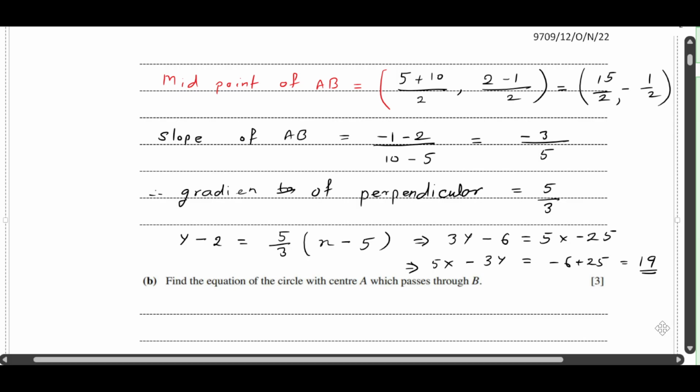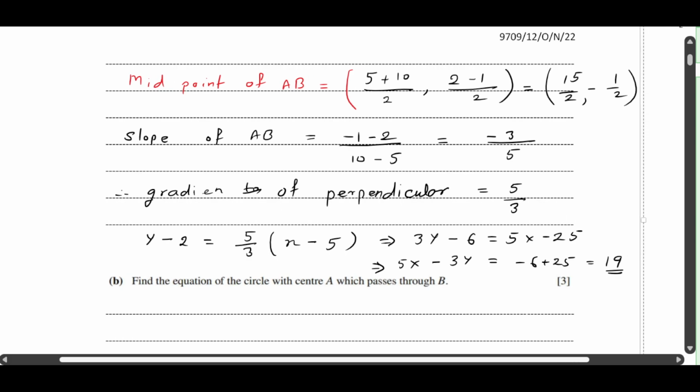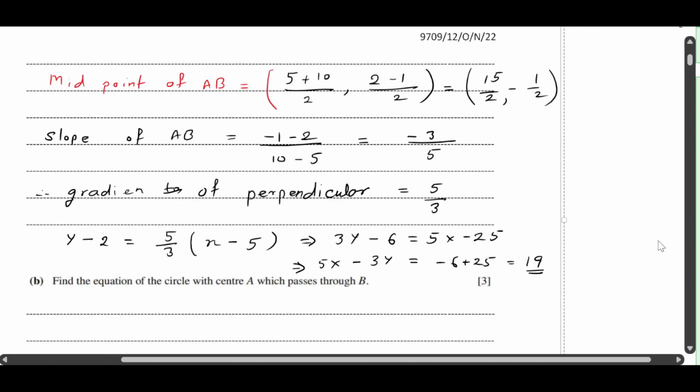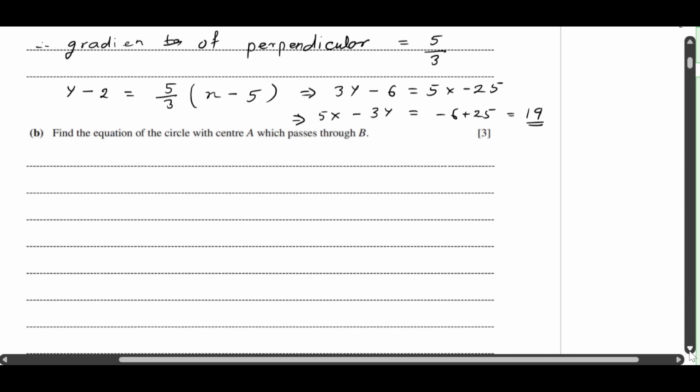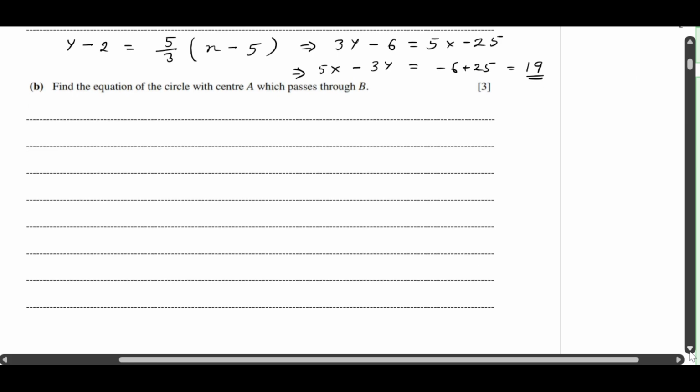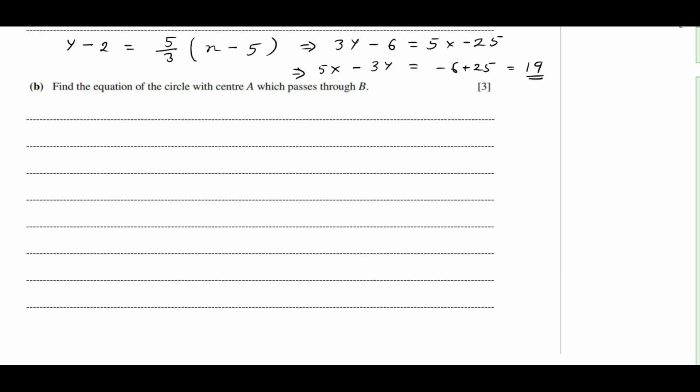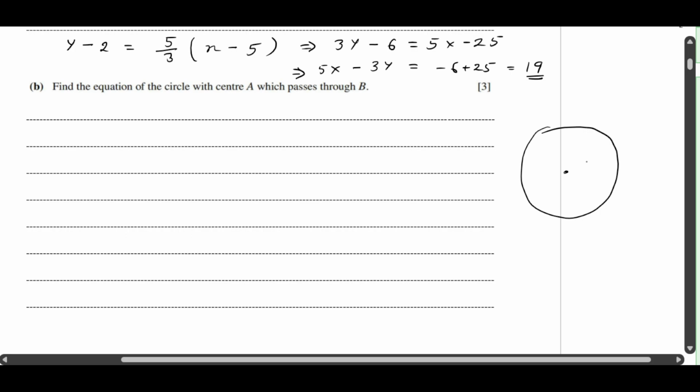Then find the equation of the circle with center A which passes through B. Now next I have to find the equation of the circle with center A, and it is passing through B. So I can find the radius easily. Here let me draw the circle with point A as the center.